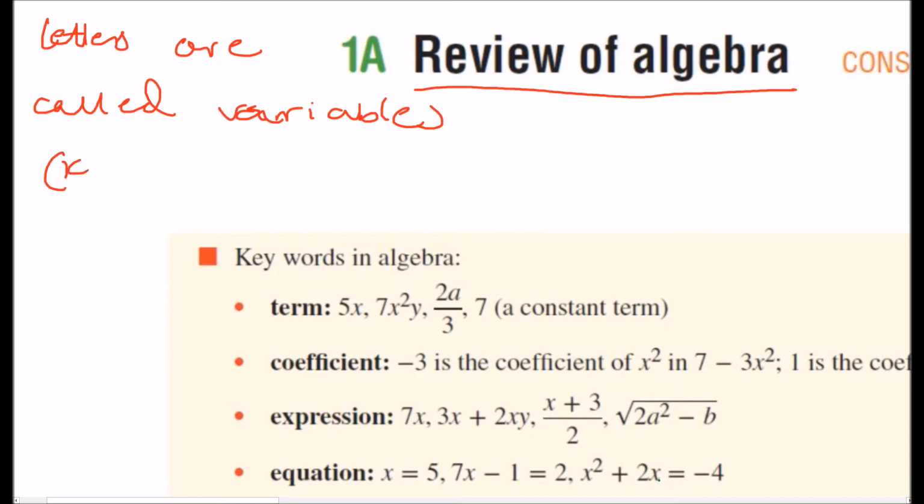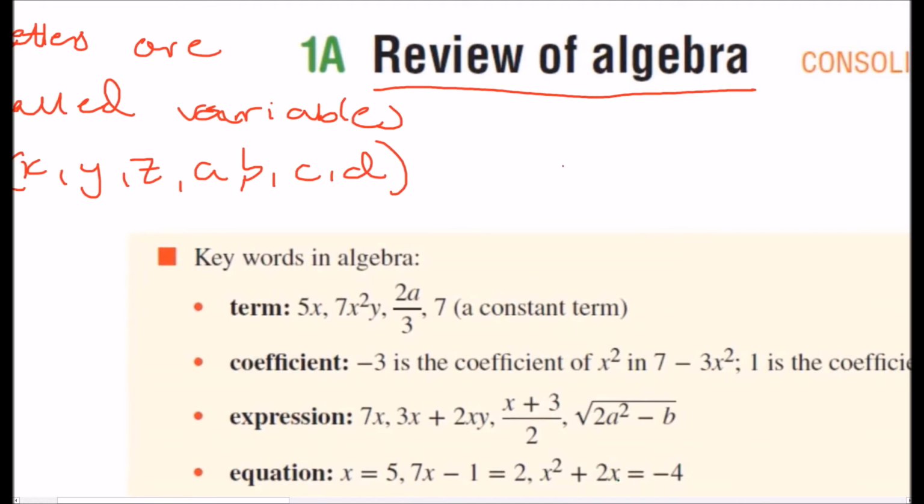You could see something like X, Y, Z, or A, B, C, maybe D. All of these are variables, and variables represent numbers. The letters can represent numbers depending on the context of the question. X might represent 1, Z might represent 2, B might represent -3. It really depends on what sort of question you're working with, but letters are referred to as your variables.